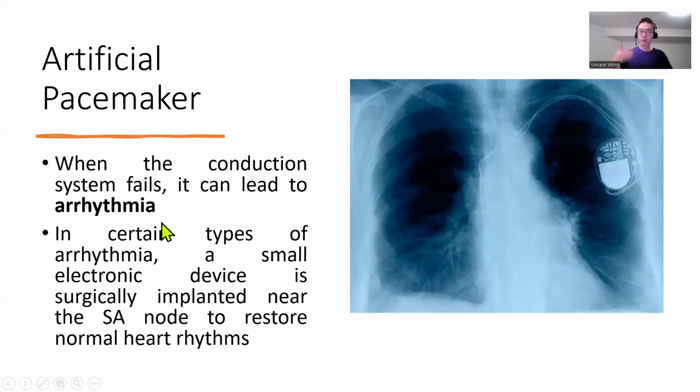There are different degrees of severity when it comes to arrhythmia, and depending on how bad it is, the intervention would be different. One way to fix the problem would be to implant a pacemaker, which essentially sends out its own signal to override the faulty SA node, and then it helps you regulate your heart rate. Okay.